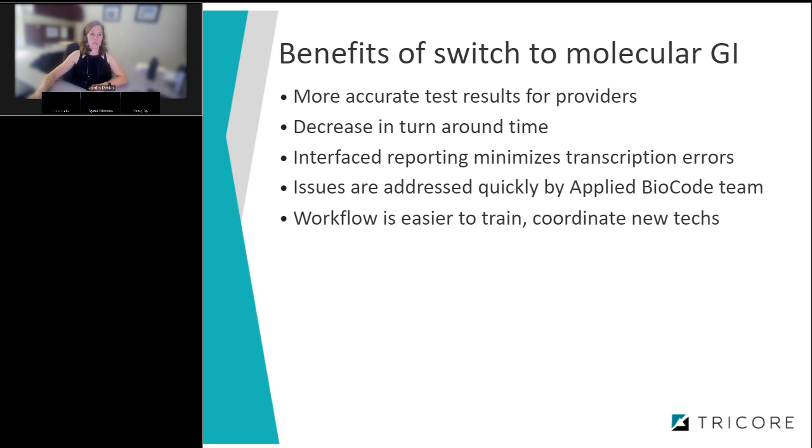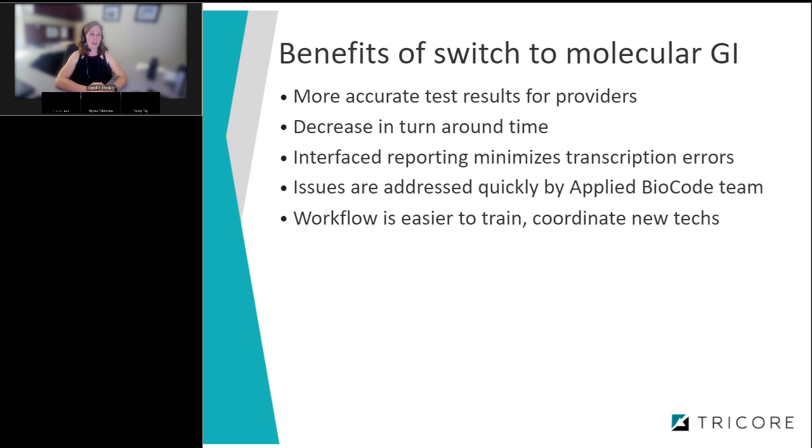So what are the benefits of our overall switch to molecular GI testing? We believe we're able to provide more accurate test results to providers. We can decrease our turnaround time overall, especially with daily batch testing using this platform. We interfaced our reporting, so that minimizes transcription errors, and it also takes less time to result out tests.